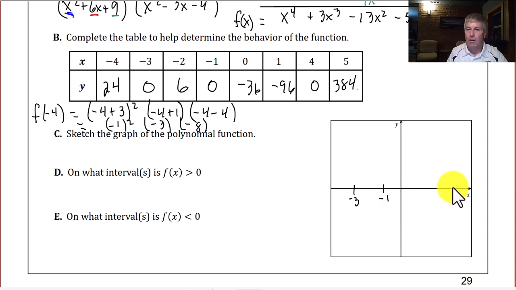Now we're not going to be able to do this to scale, but we saw that negative 4 gave us an output of 24. So that might be there, negative 4, 24. And negative 2 gave us an output of 6. So maybe a point right there.